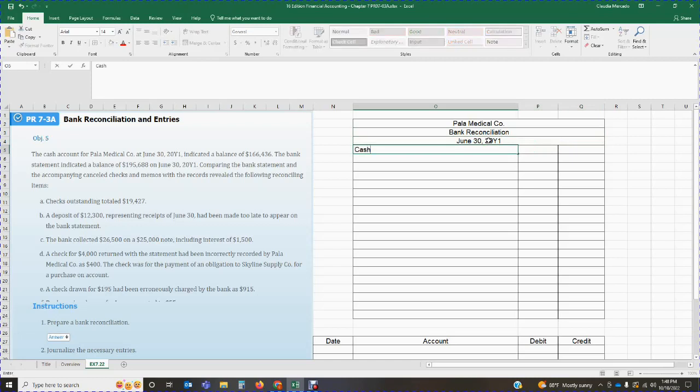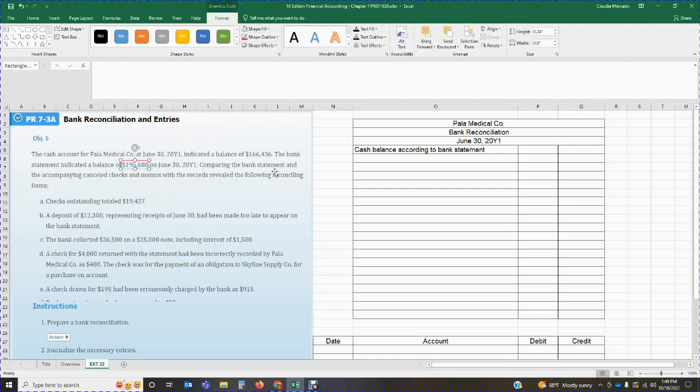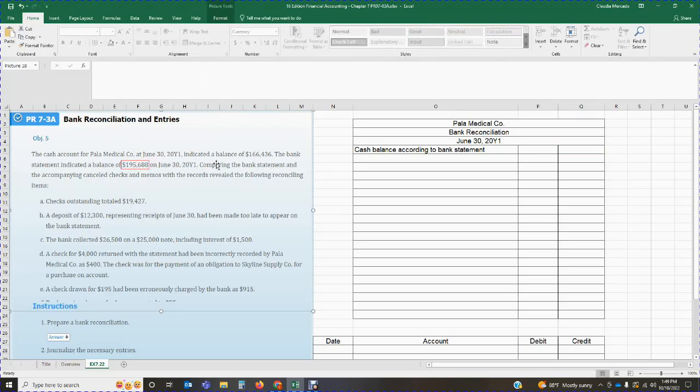Okay, we always begin with the cash balance according to the bank statement. The bank statement indicated a balance of $195,688. Okay, that is our bank balance.